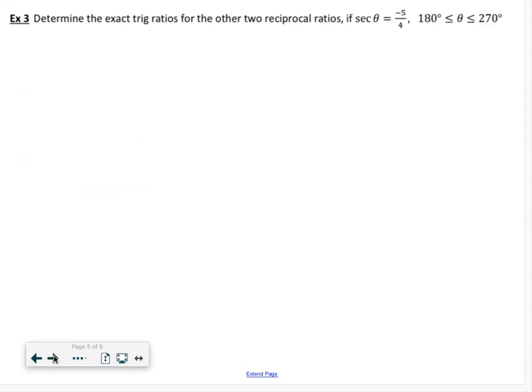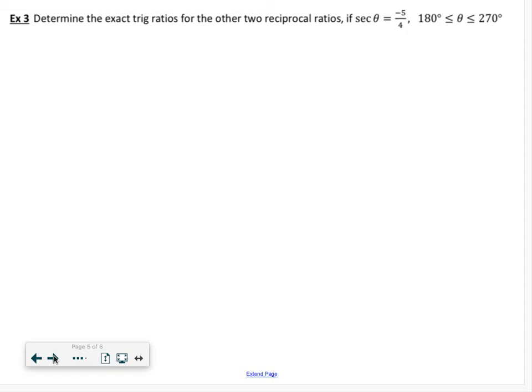Okay, determine the exact trig ratios for the 2 reciprocal ratios of secant theta equals negative 5 over 4, and we're between 180 and 270. Now there's a couple of ways you can do this. I personally like to switch it back to my primary trig ratios.